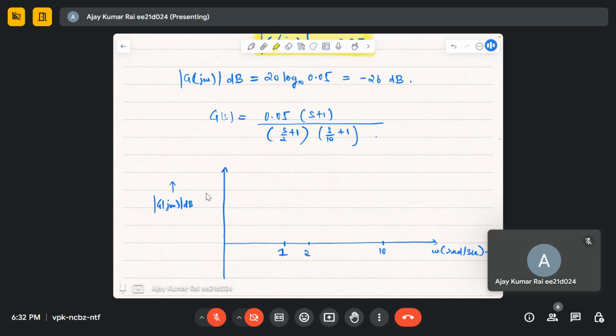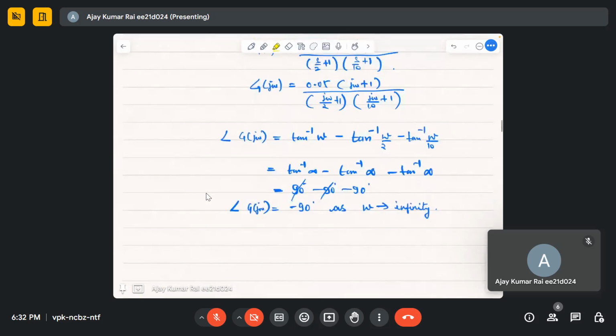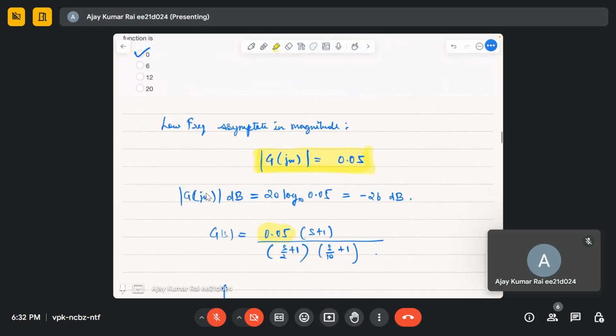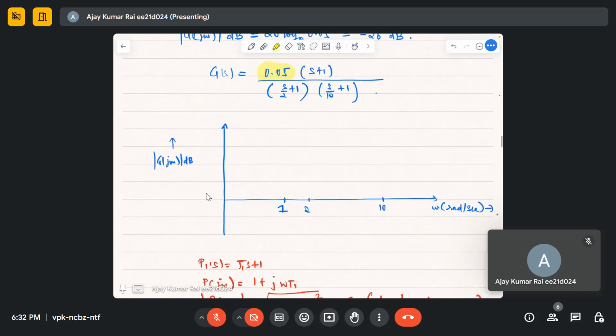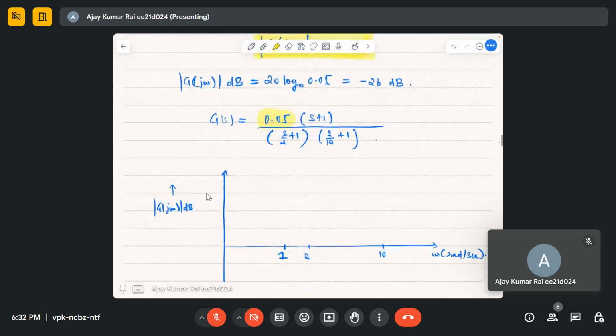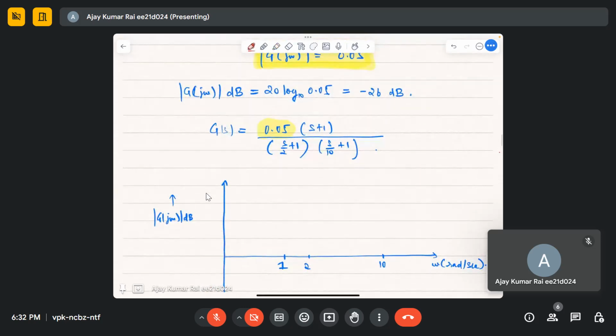So the only contribution we have is 0.05, which we already saw in the previous question. In the low frequency asymptote, the region below 1 radian per second, it will be equal to minus 26 dB, right?